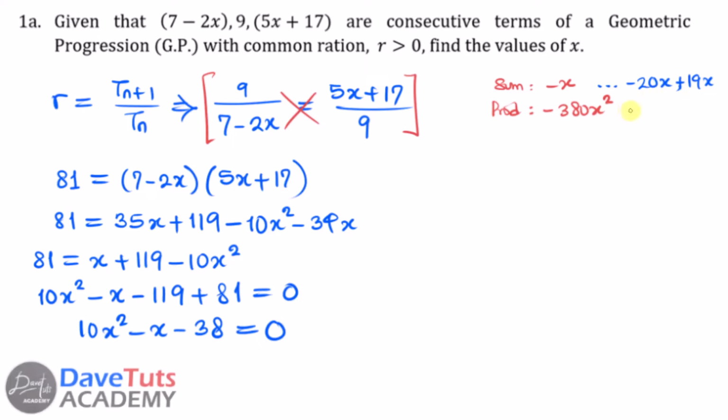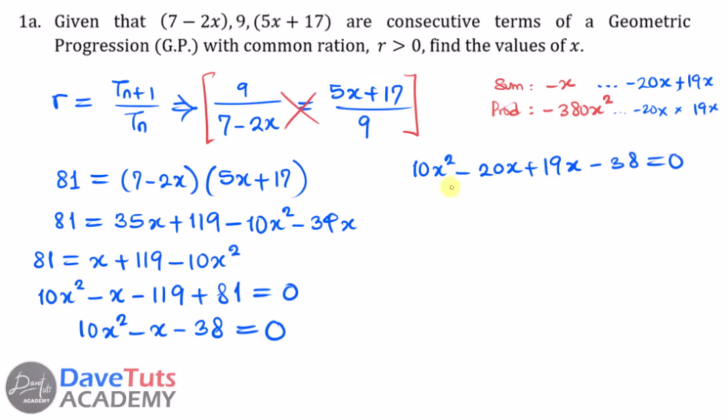If I multiply them, minus 20x multiplied by 19x, x and x will be x squared. Minus 20 and 19 will be minus 380. Good and fine. So the equation is translating into 10x squared, instead of minus x as the second term, now I can say minus 20x plus 19x, then the last term minus 38. This is equal to 0.